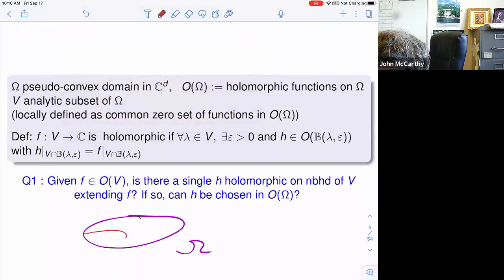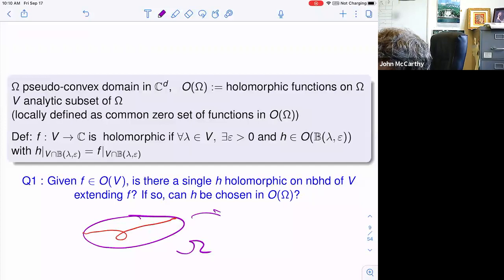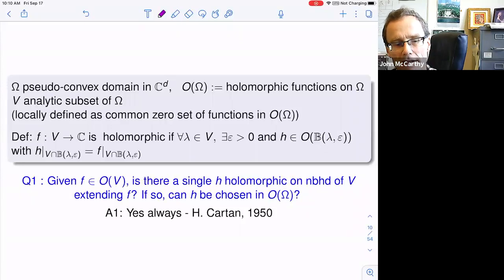Here's V. And now you're given some function f defined just on V. Can you always extend it to be holomorphic on all of omega? And the answer to that is yes. This is a theorem originally due to Henri Cartan in 1950.